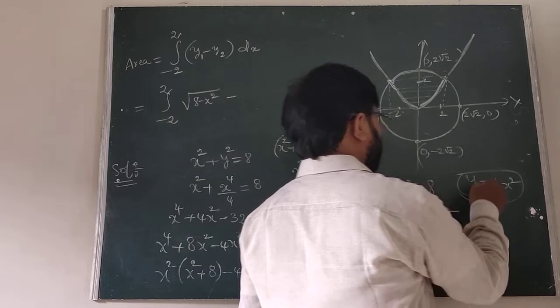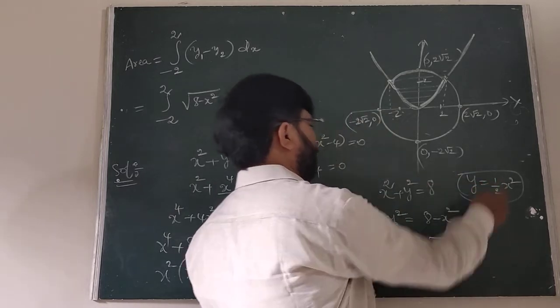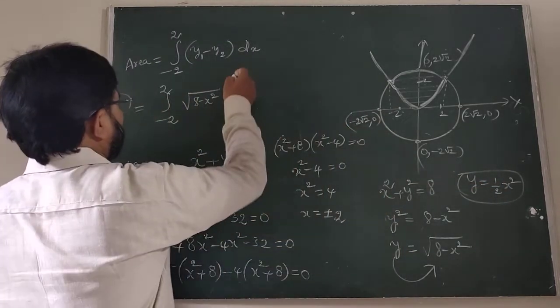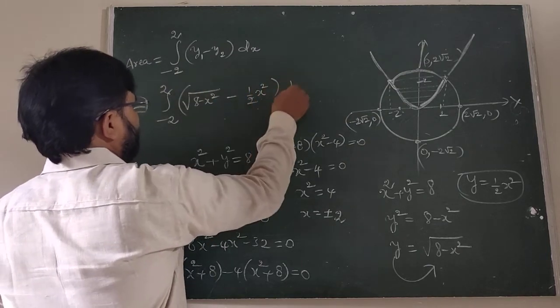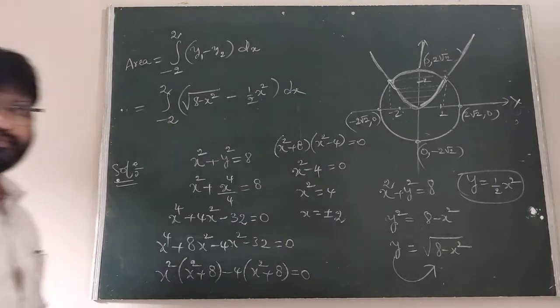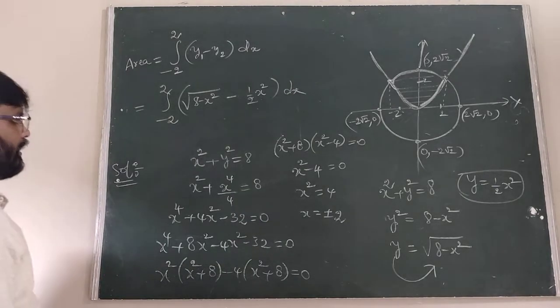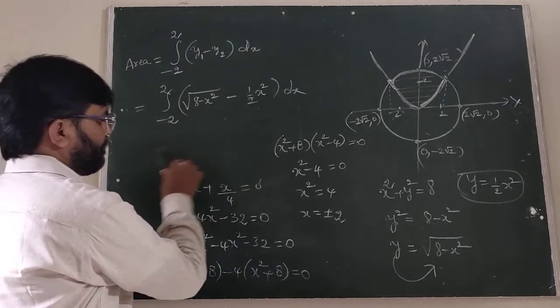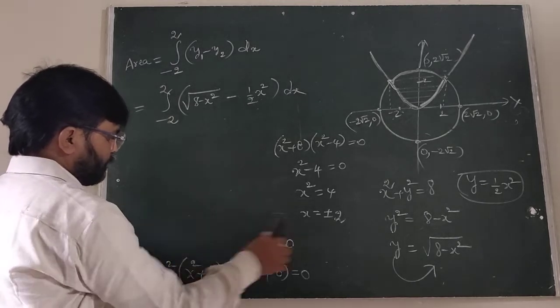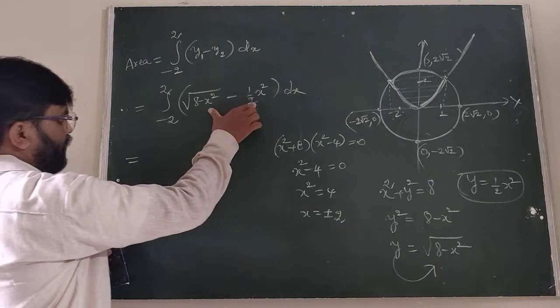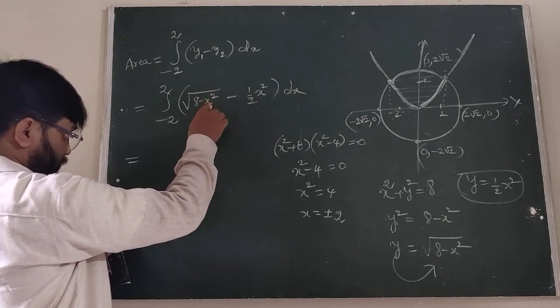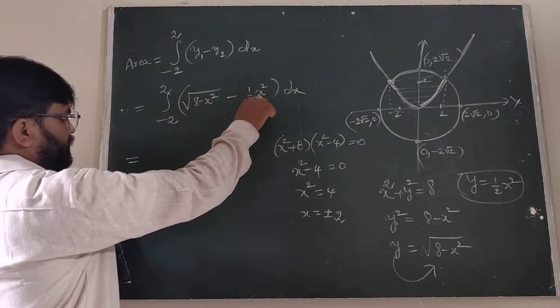Therefore, y1 is this one, y2 is 1 by 2 x square, into dx. Okay. Now we can write both are even functions. Okay, students, both are even functions. Therefore, this is f of x, so minus x whole square is plus x square.